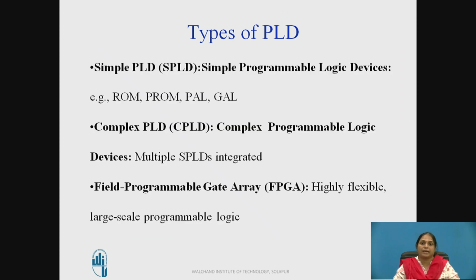SPLD consists of ROM, PROM, PAL and GAL. CPLD is more complex compared to the SPLD, and field programmable gate arrays are programmable and more complex compared to the CPLDs.